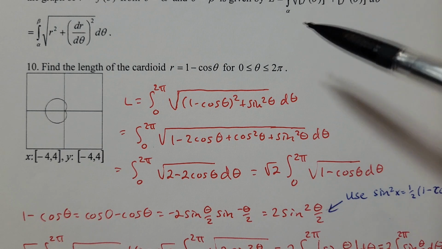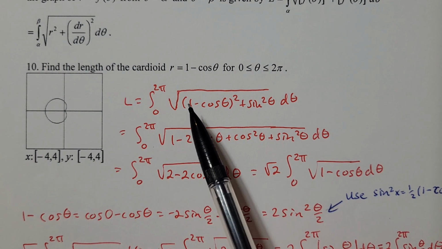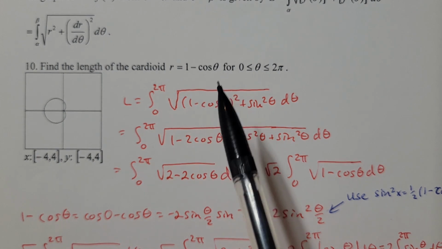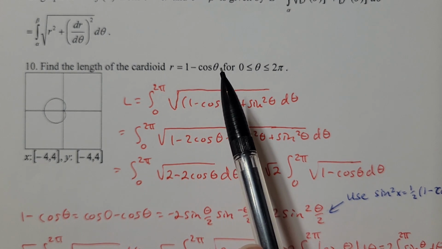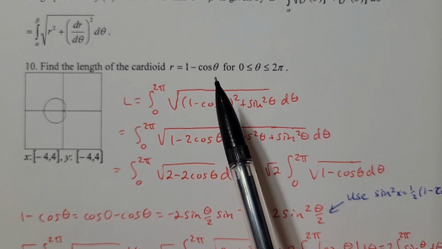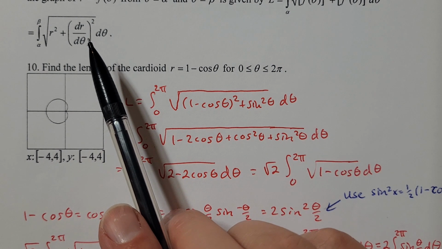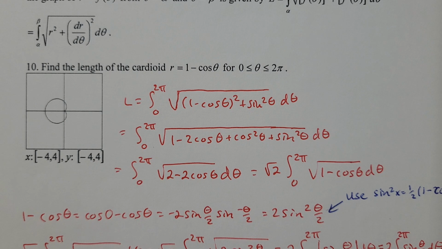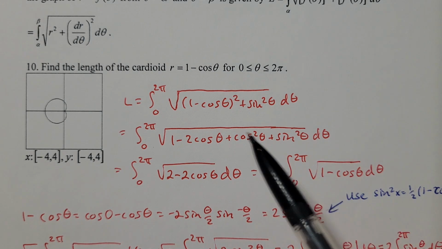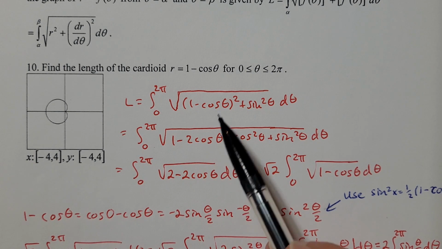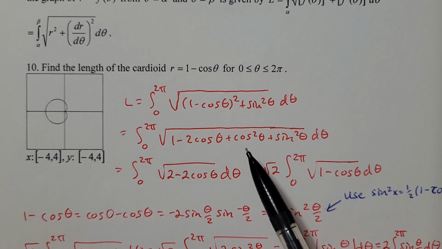And it's going to be the square root of r squared, plus dr d theta, which is the opposite of negative sine theta, which is sine theta. I'm squaring that, right? And then stick a d theta at the end. When I FOIL this out, I got 1 minus 2 cosine theta plus cosine squared theta.